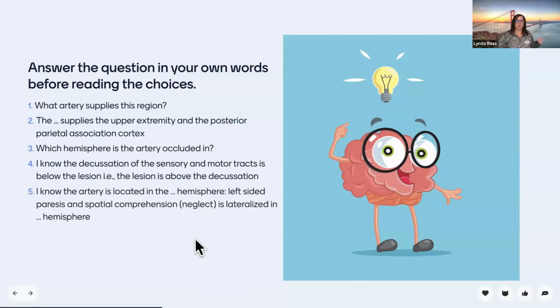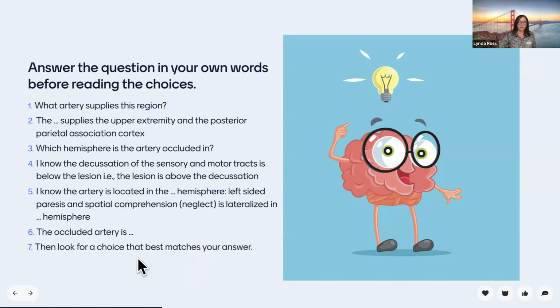What does that mean? I know the artery is located in the blank hemisphere. Why? Because of left-sided paresis, and also we have that spatial comprehension, that neglect. It's lateralized in this particular hemisphere. And then you can say, I know what that occluded artery is. Then look for a choice that best matches your answer.